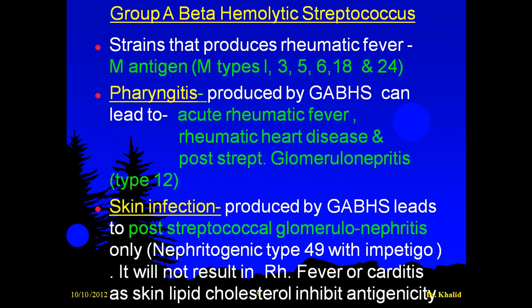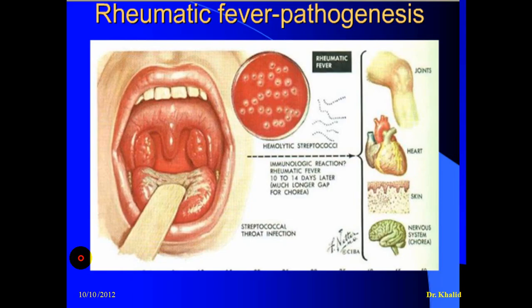Tonsillopharyngitis can cause acute rheumatic fever, rheumatic heart disease, and post-streptococcal glomerulonephritis, while skin infection and impetigo produced by group A lead to post-streptococcal glomerulonephritis, but not acute rheumatic fever. Only nephritogenic strain 49 is involved. Impetigo will not result in rheumatic fever or carditis, most probably because skin lipid cholesterol inhibits the antigenicity of this organism.